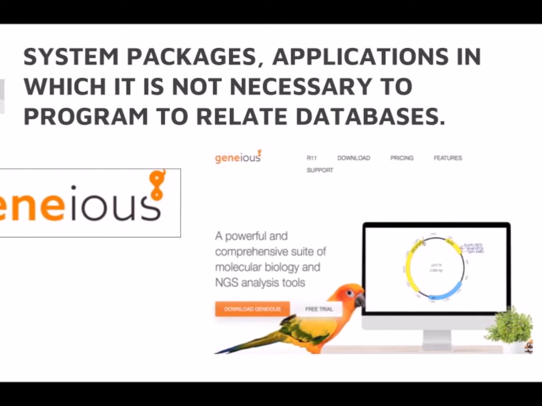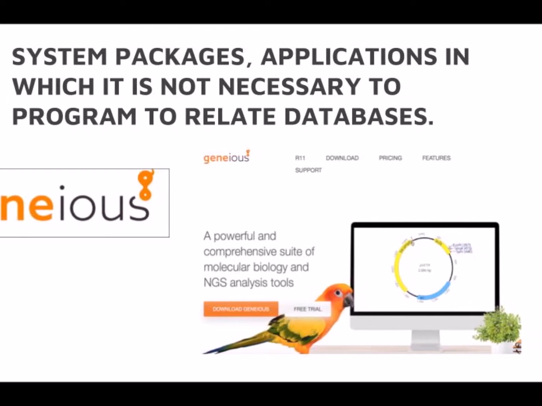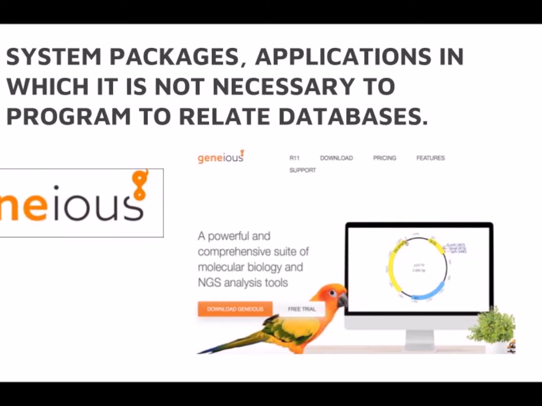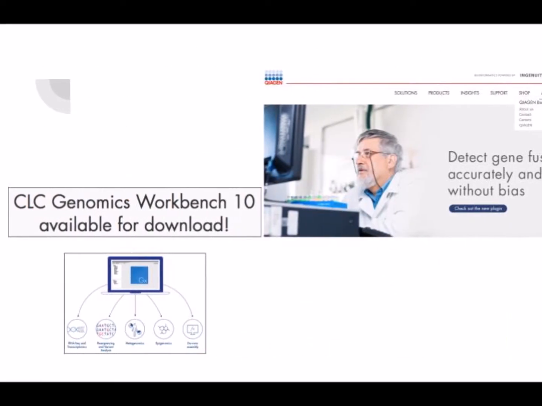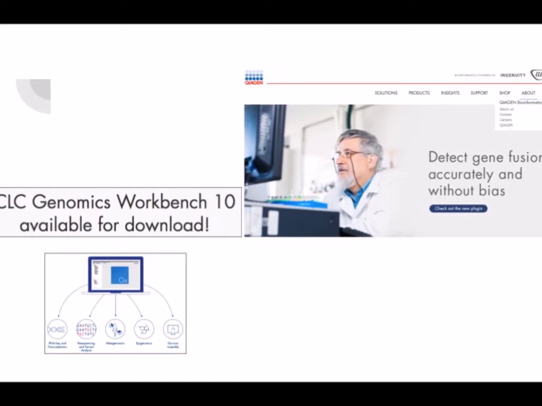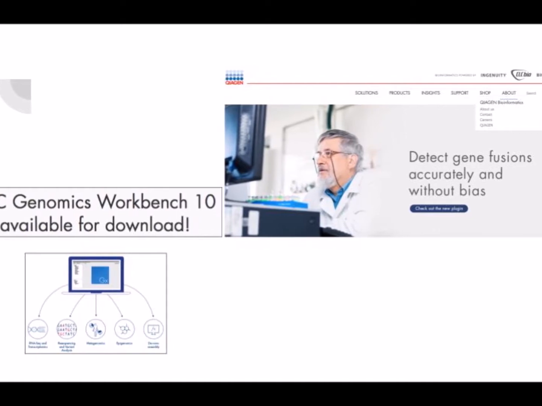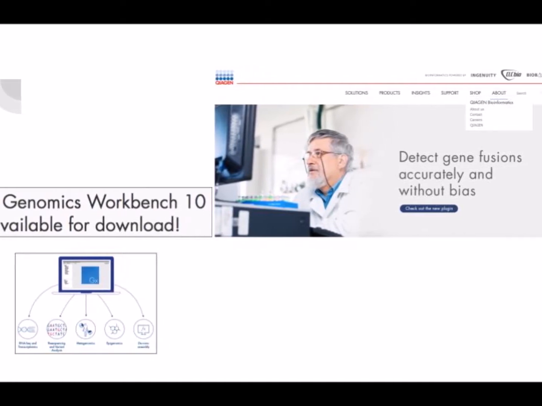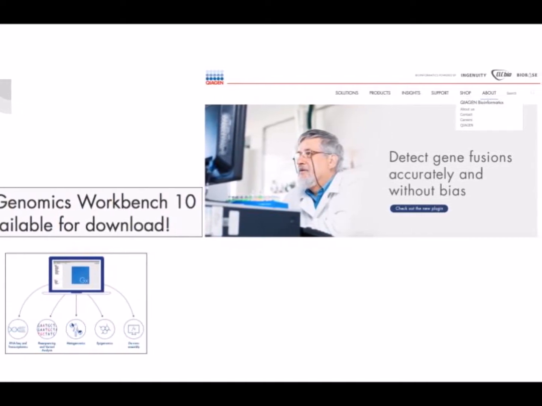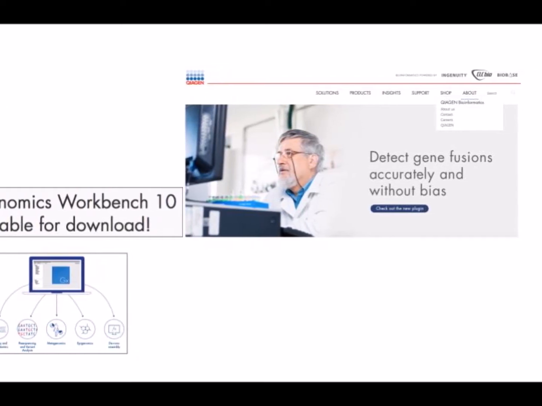For individual use, the price is $395 per year or $1,000 perpetual license. Then we have CLC Genomics Workbench, that is a powerful solution to analyze next-generation sequencing data. Its cutting-edge technology incorporates unique features and algorithms that are widely used by scientists associated with data analysis.